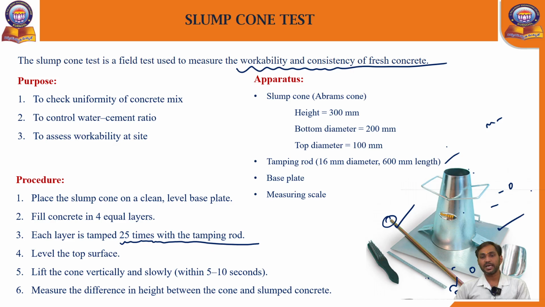When the concrete is filled up to the top of the slump cone, level the top surface, then keep your hands on the handle and slowly lift the slump cone within 5 to 10 seconds, and then measure the difference in height between the cone and the slumped concrete.